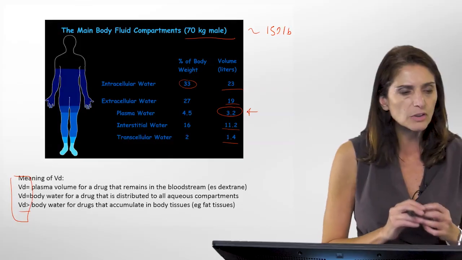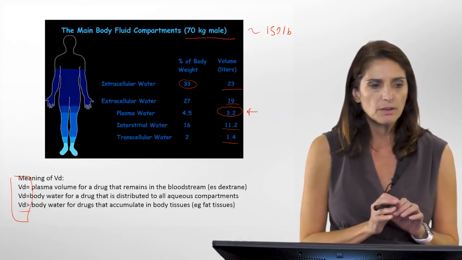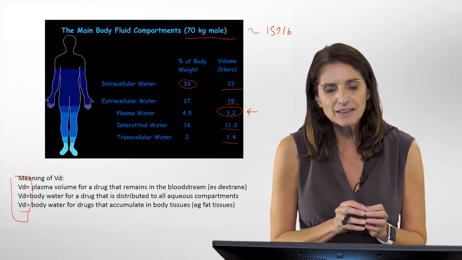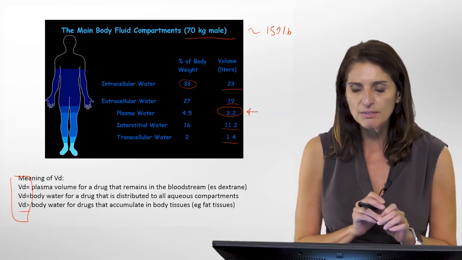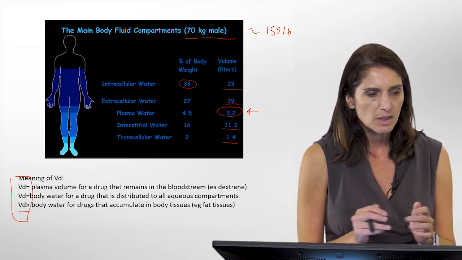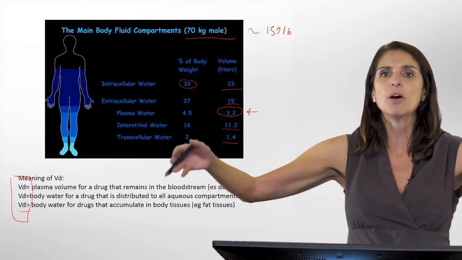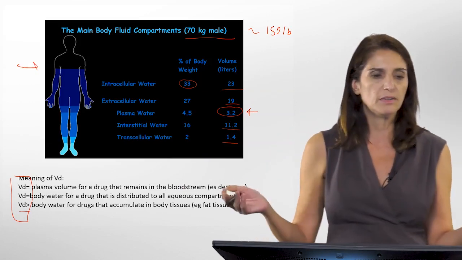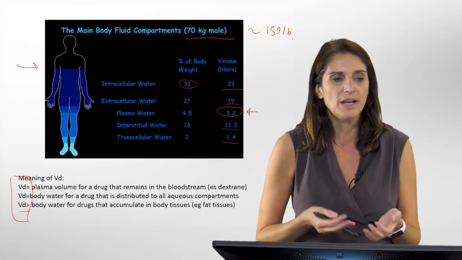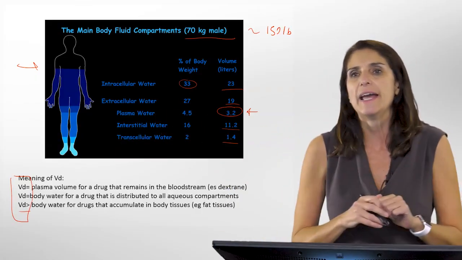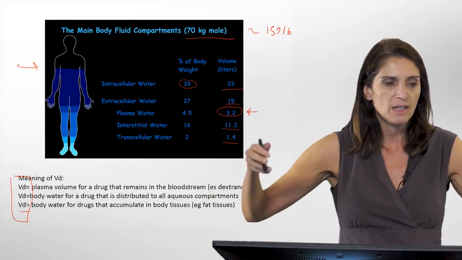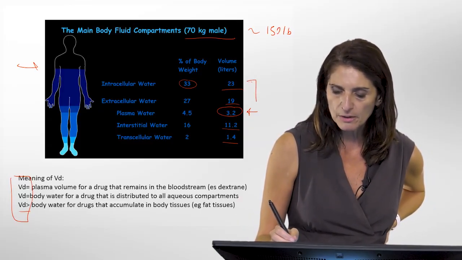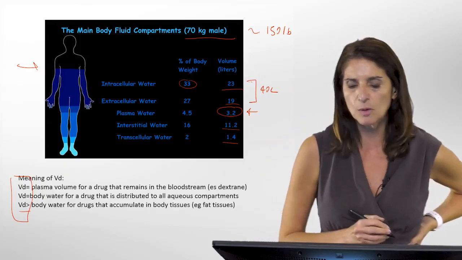So let's think about it for a little bit again with our standard male that weighs about 70 kilograms, so 150 pounds. So let's say that the body is not what we have depicted here, but is represented or approximated by a bathtub. And in that bathtub, we'll have about 40 liters of water. 40 liters of water will correspond to these quantities.